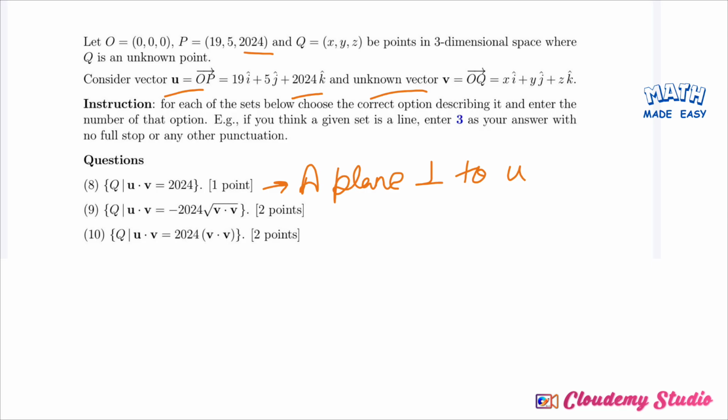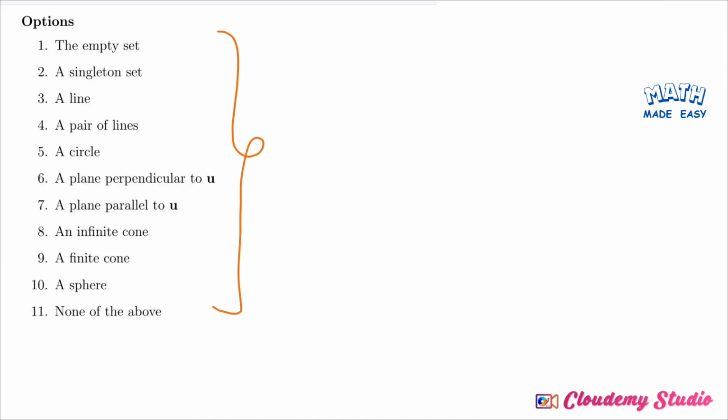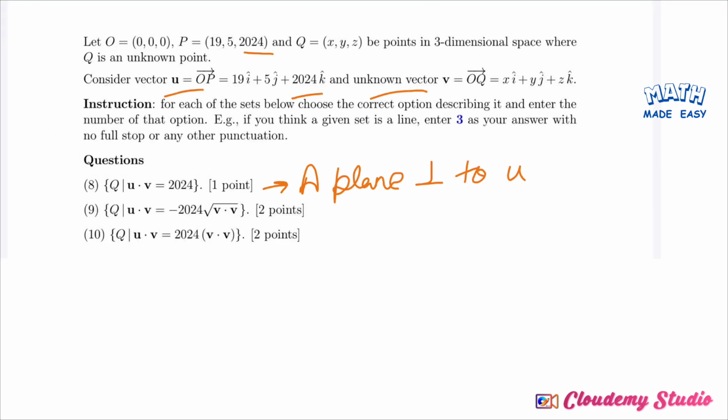Now the second option is, wait, this one, the seventh one. Now the ninth question is u dot v is minus 2024 v dot v.